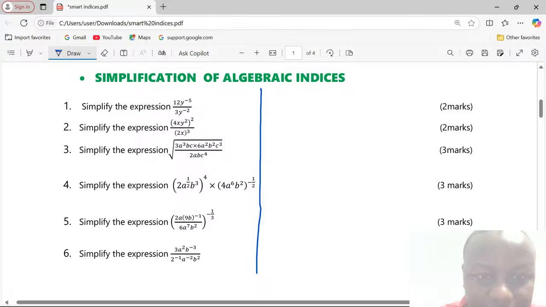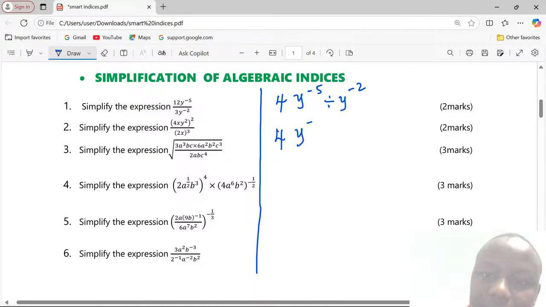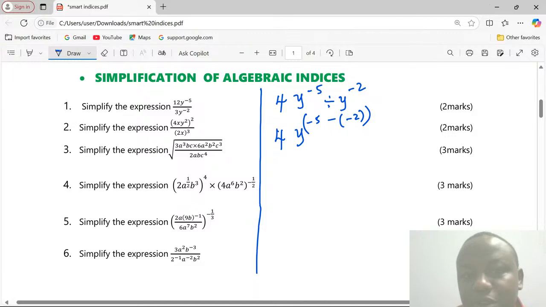Numerically, we have 12 and 3, which simplify to give us 4. Then we have y power negative 5, which is being divided by y power negative 2. This means we need to say 4y power negative 5, then we subtract negative 2.